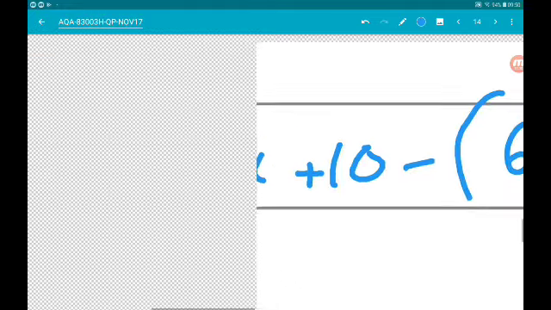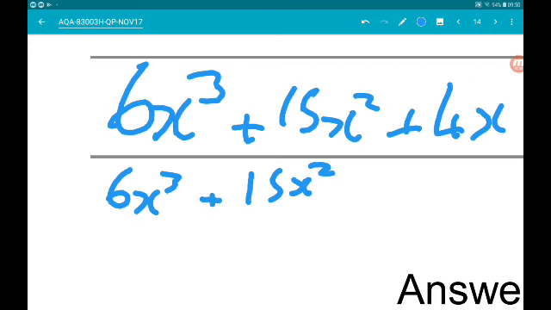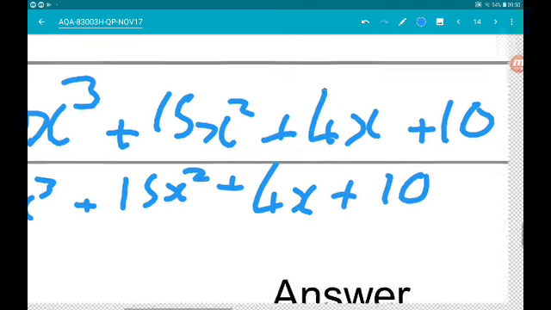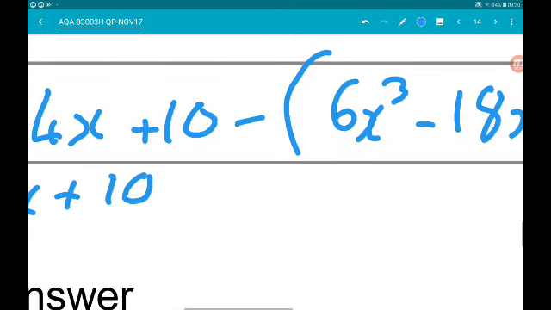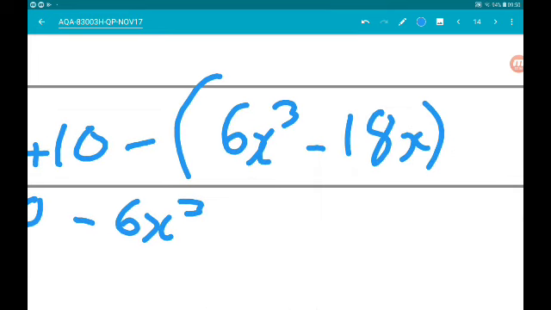Okay, so we're going to get 6x cubed, add 15x squared, add 4x, add 10. Now we got minus 6x cubed, and then minus 18x. So that's add 18x.